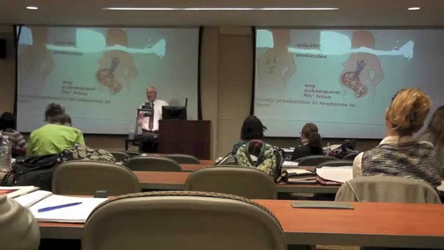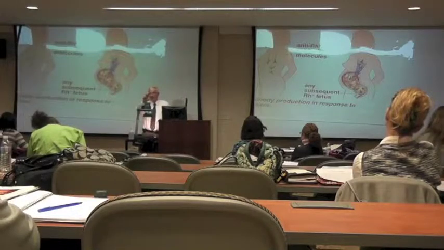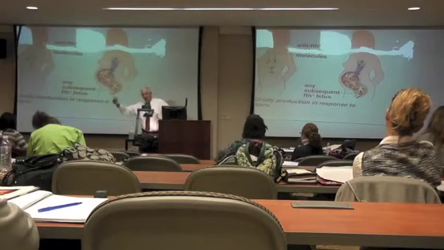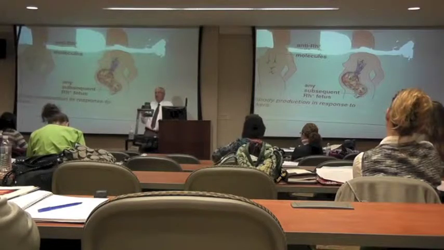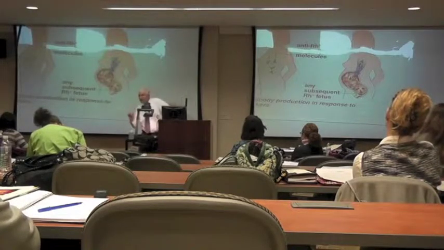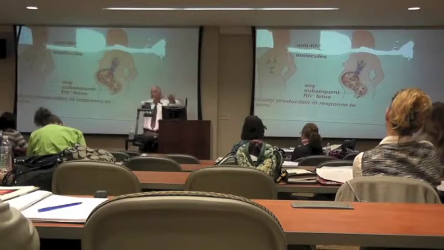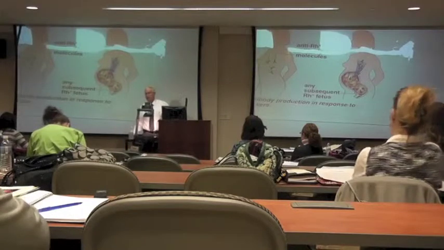If that's the case, the antibodies will cross the placenta, go into the fetus, and cause damage to the fetus. You say, really? Remember the natural passive immunity, where mom gives her antibodies to the fetus? So yes, antibody proteins can pass through the placenta.